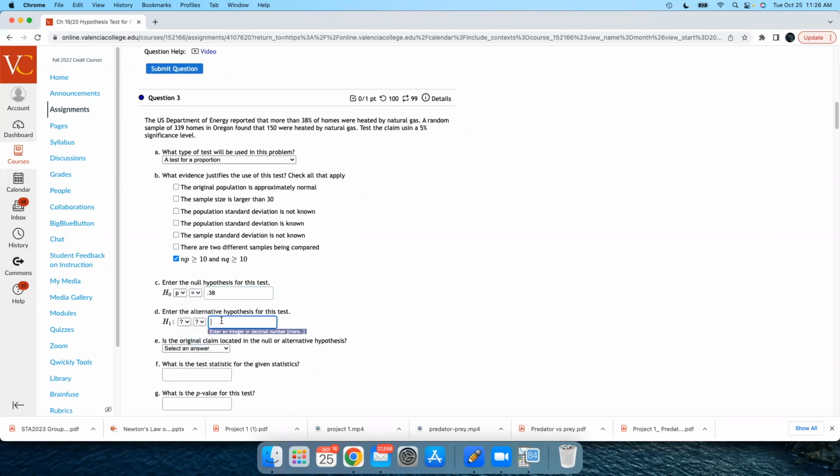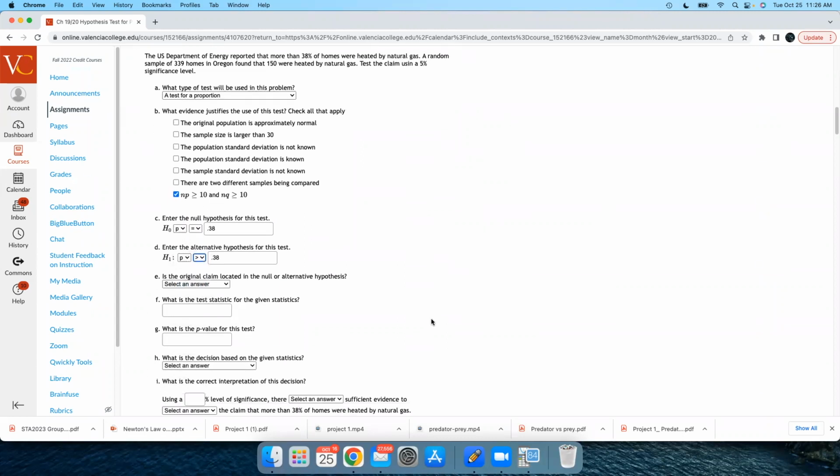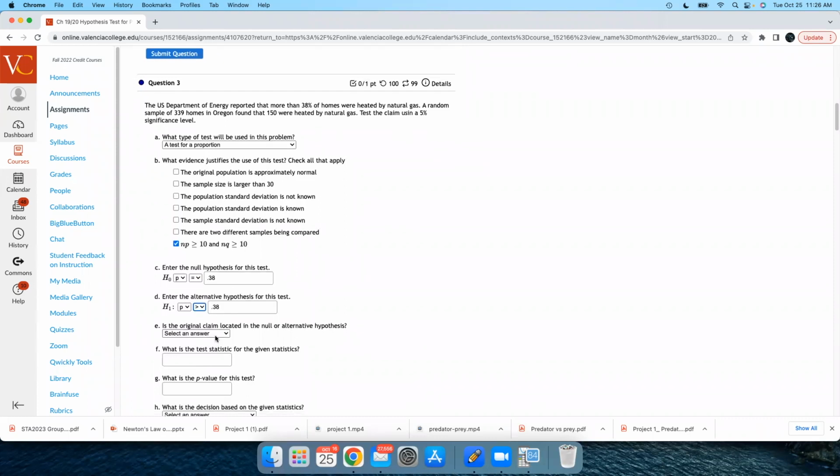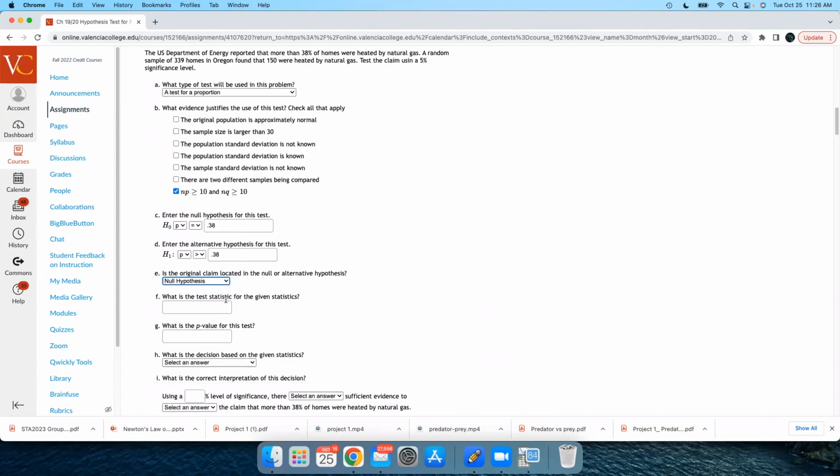These two numbers are always going to be the same. You never use two different numbers. Here, this was p is greater than 38. This was the original claim, right there.